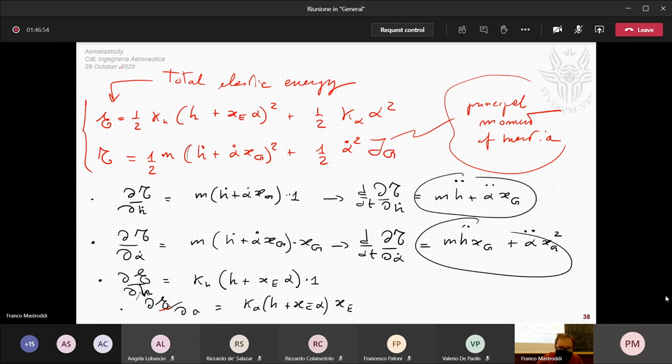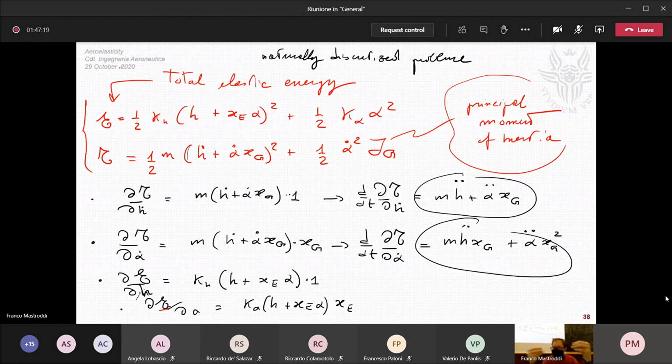This is a naturally discretized problem. We don't use a finite element approach.